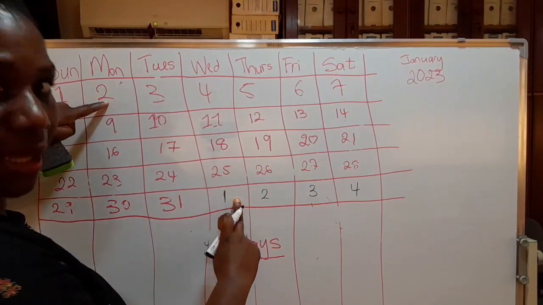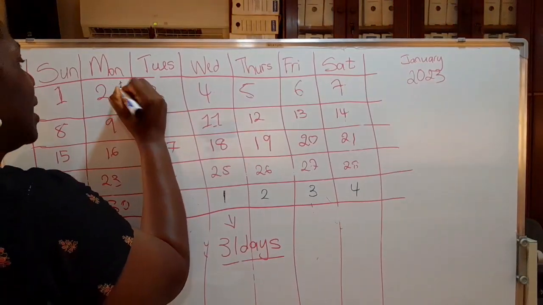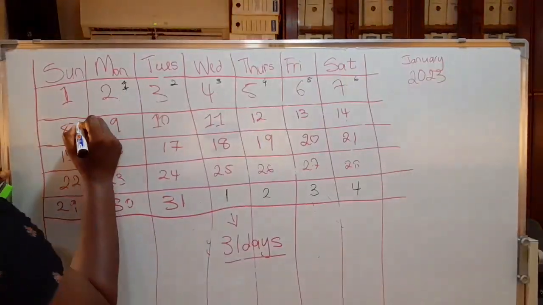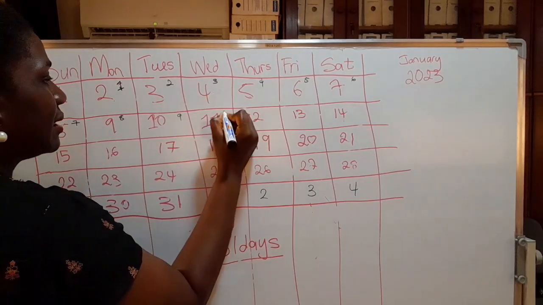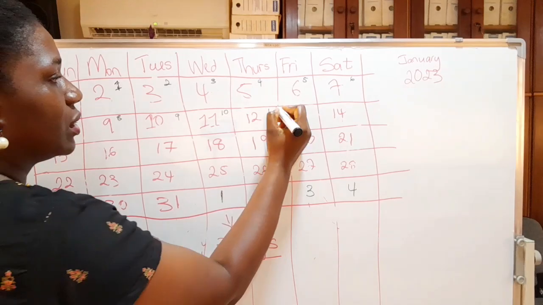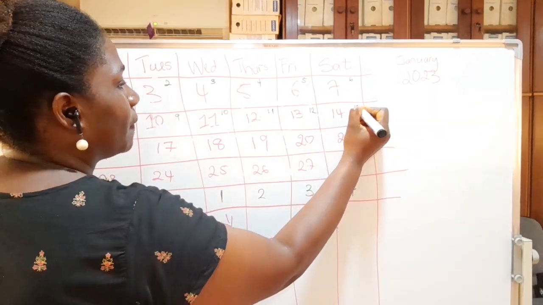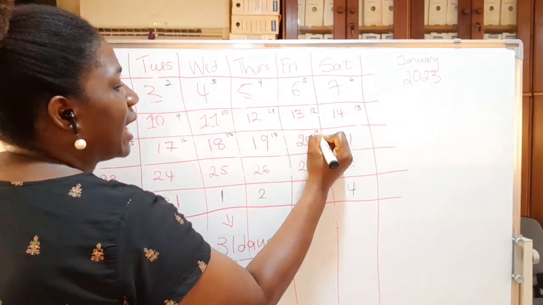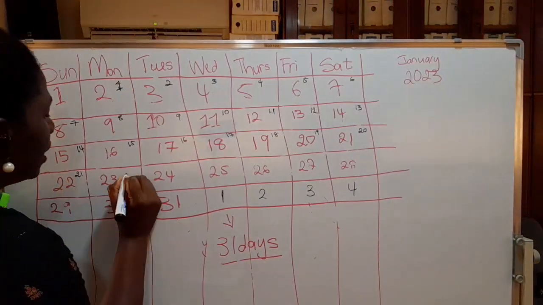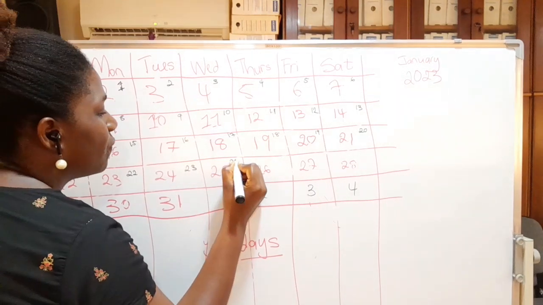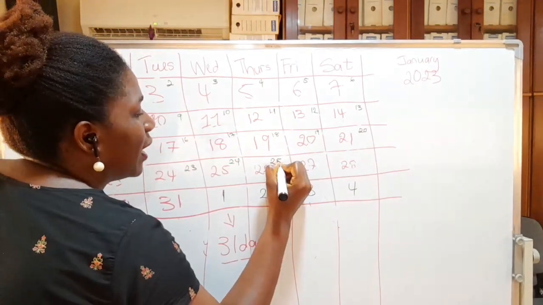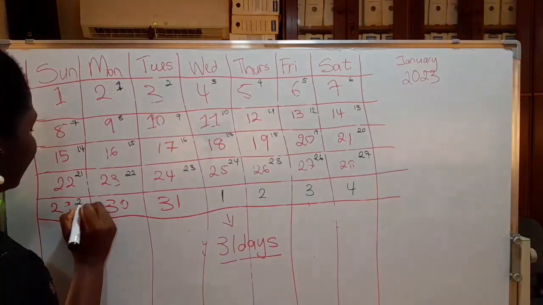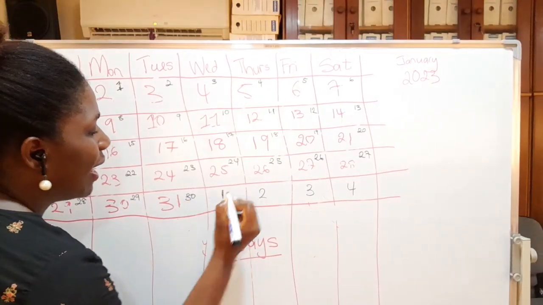So count with me, guys. 1, 2, 3, 4, 5, 6, 7, 8, 9, 10, 11, 12, 13, 14, 15, 16, 17, 18, 19, 20, 21, 22, 23, 24, 25, 26, 27, 28, 29, 30, 31.